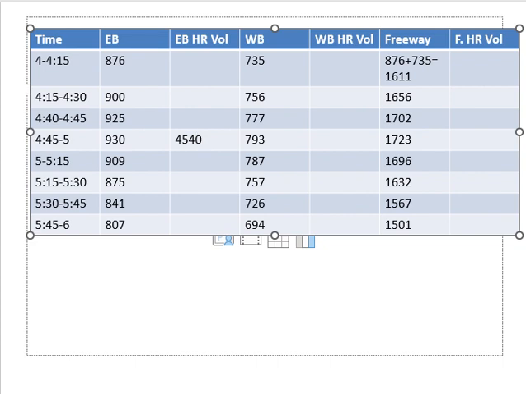Okay, next one. Now you will add these 4 values. 3, 6, 6, 4.